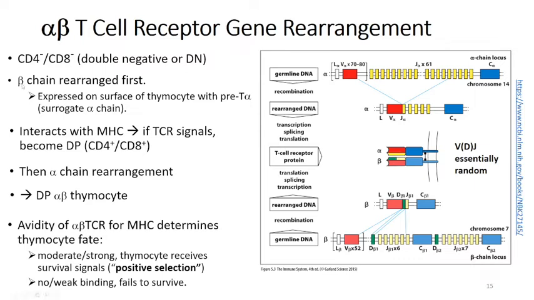A single positive has CD4, not CD8, or CD8, not CD4. So all mature. So in the thymus, you only find double positives in the cortex, and then eventually they'll become single.